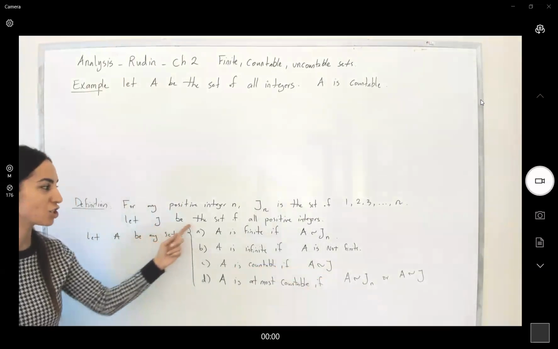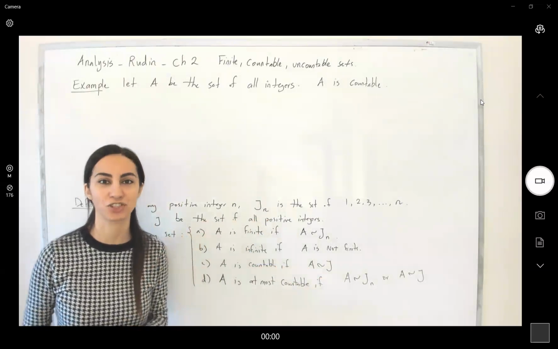What is set J? J is the set of all positive integers.